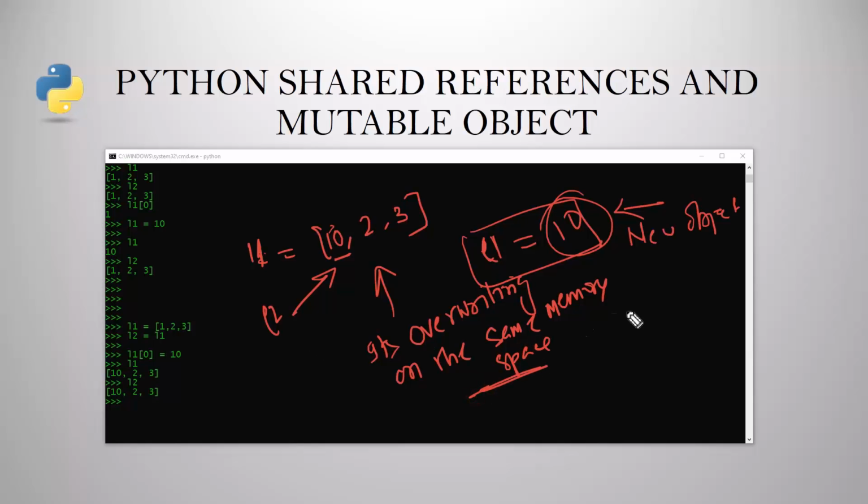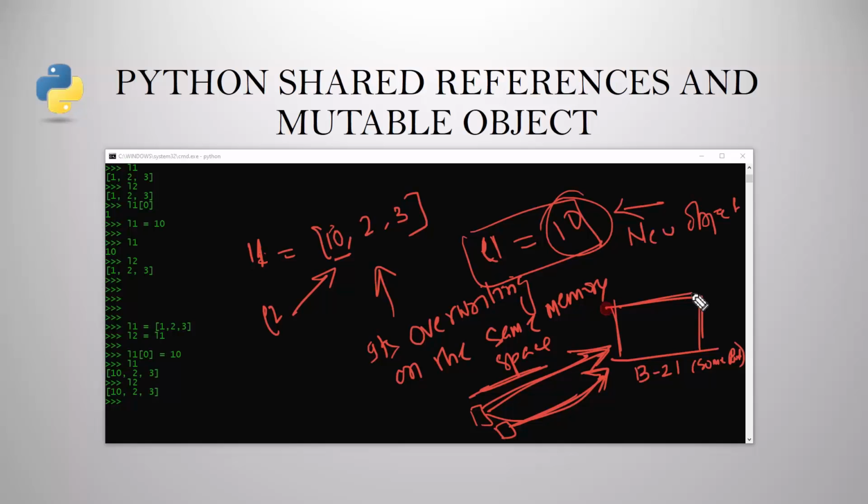If we take an example of an address, for example, here is B21 some road. Anyone sending mail to this address, for example 2 or 3 people sending mail, the address remains the same, so all the mails are coming to the same address.